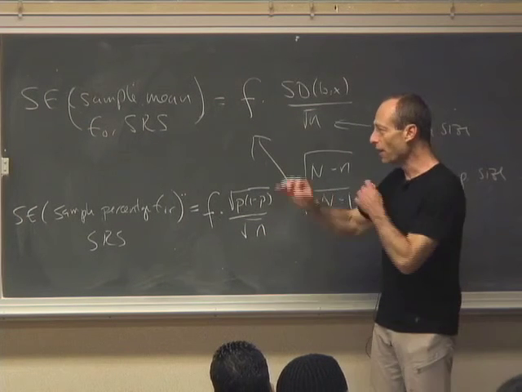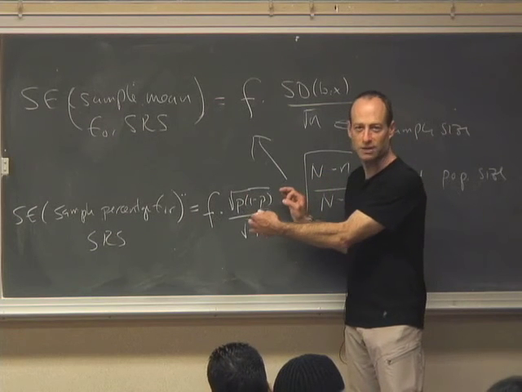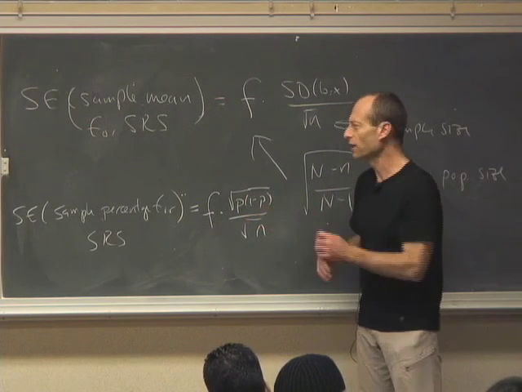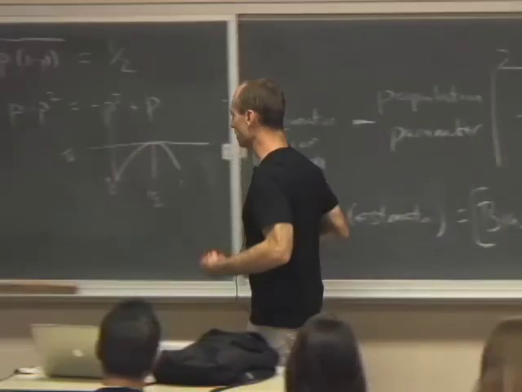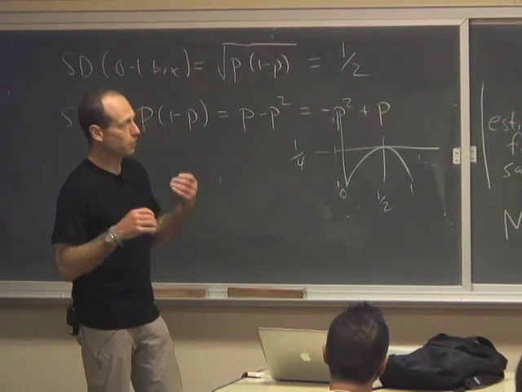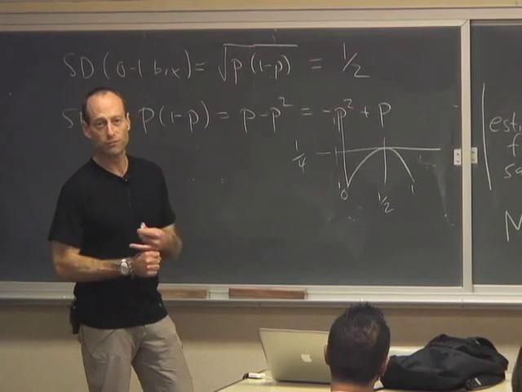For other mixes of things in the box, the amount by which it's likely to be off is less than that. So far, so good? So this is a worst case upper bound on the SD of the box. It works for 0, 1 boxes only. It doesn't work if you have a general list of numbers in the box.